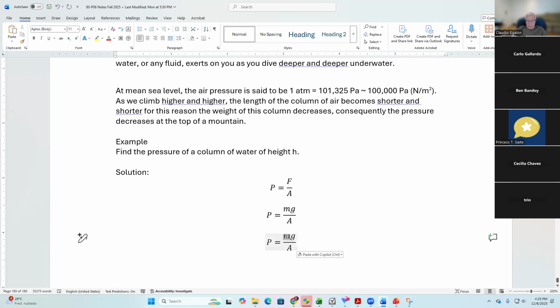Remember that the mass of an object can be written down as its density times its volume, right? Density is mass over volume. Consequently, mass is equal to density times volume. Let's write that down here. Recall that density is mass over volume.